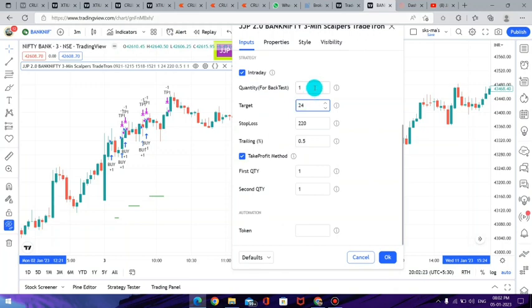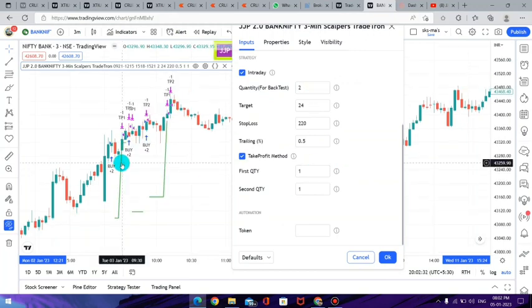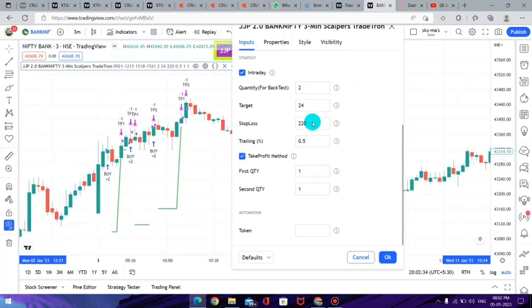For example, I have given two quantity. Once the first target of 24 points has been met, in the first quantity exit, I am exiting the first quantity, and in the second quantity exit, I will be exiting the second.